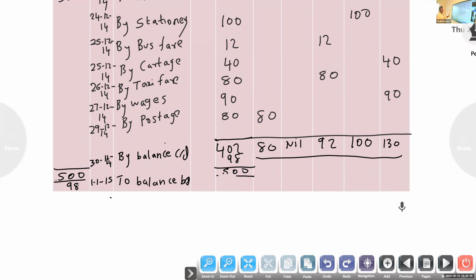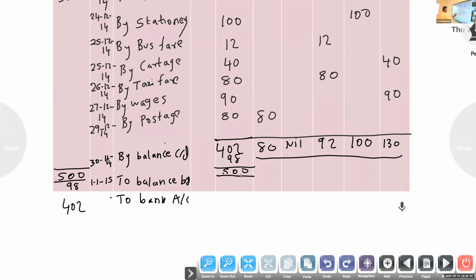So remaining, how much is the imprest amount? 500 is the imprest amount. So we said we are following the imprest system, it must be 500. So who will give the remaining? The main cashier will give to the bank account. How much was spent? 402. This is the answer. To balance BD, then to bank account 402. Then it will be 500.